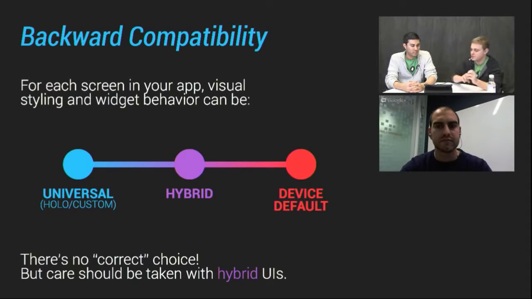This is really how we see the way you decide on a backward compatible strategy. You pick somewhere along the spectrum. You need to work with your developers on this, but depending on where you choose, that'll change the amount of effort involved for developers, and certainly it'll change the final outcome. Just be aware that these are the different options, and there's really no correct choice.